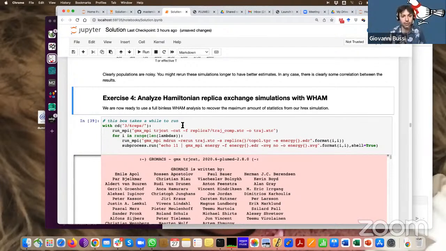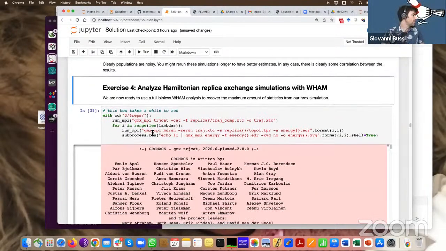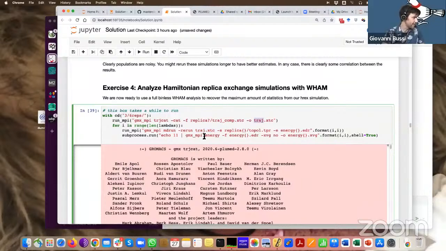Here, I would say it's more rigorous. This is closer to what you do normally with umbrella sampling. You have static definitions for the potential energy function. It's just not a bias potential in the PLUMED language, but a separate topology. So you use rerun on the concatenated trajectory that I produced here to compute the energy according to each of the topologies.